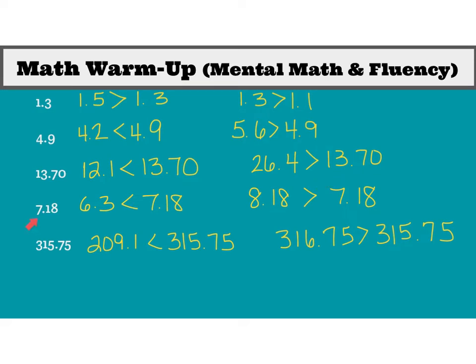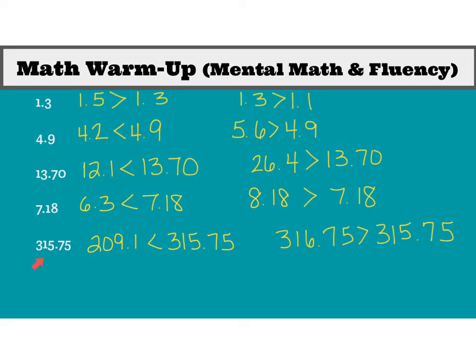Our next one, the original decimal, 7 18/100. 6 3/10 is less than 7 18/100. 8 18/100 is greater than 7 18/100.